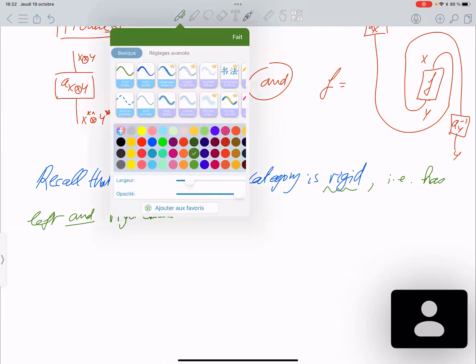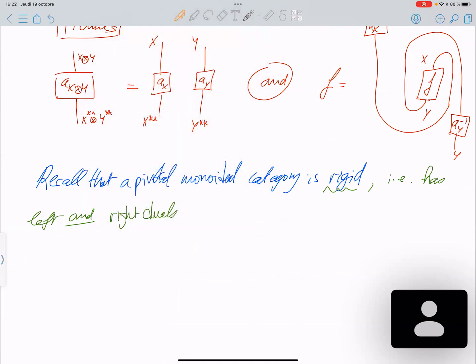And here, right dual, as you can expect, you put the star on the left, and this means you have an evaluation map from X tensor the right dual of X to 1.